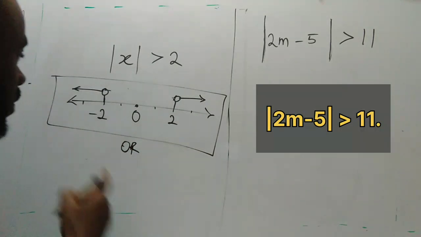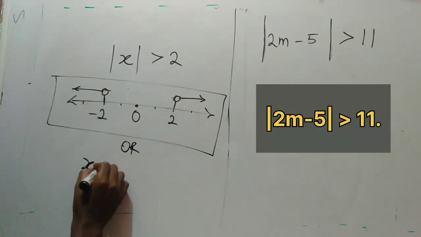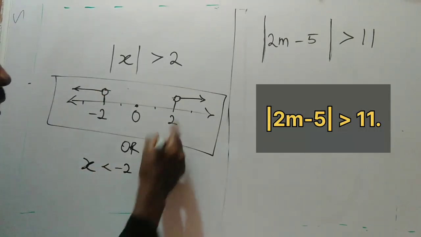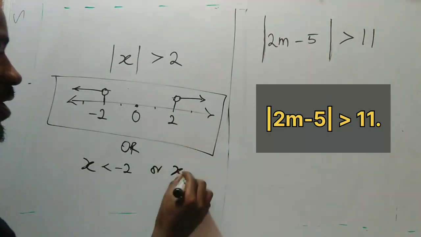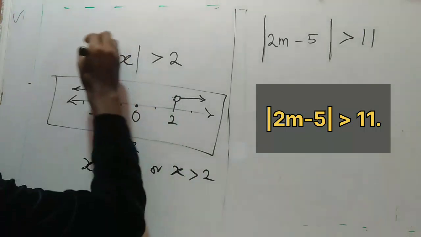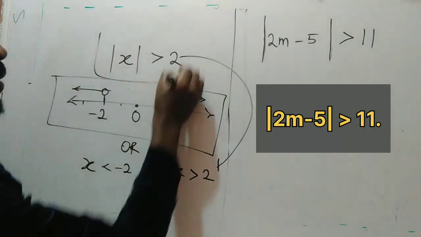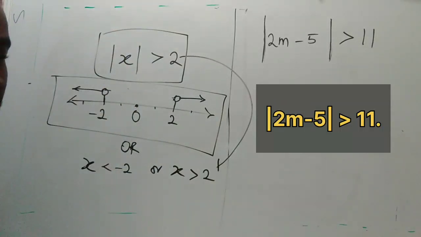And we know that the solution to this is that x is less than -2, or x is greater than 2. This is the solution to this absolute value inequality.